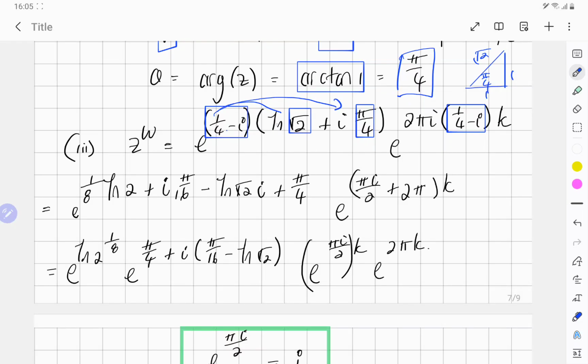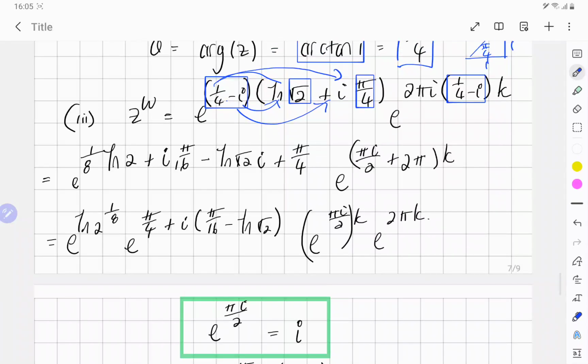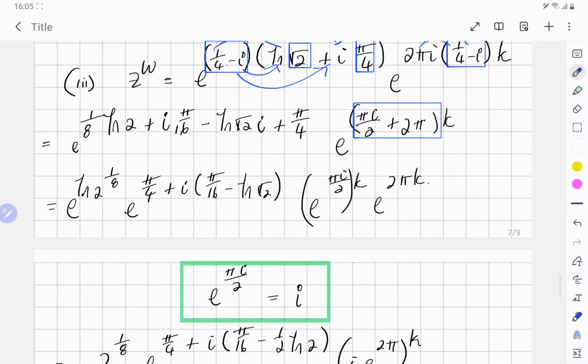So we are going to FOIL, what you're all familiar with. So that is what I did here. I just FOILed that bracket. Then what I did here, I also distributed, and I got that. I'm leaving the k outside.